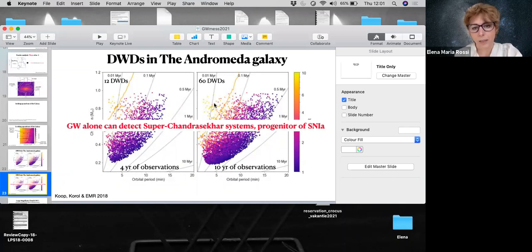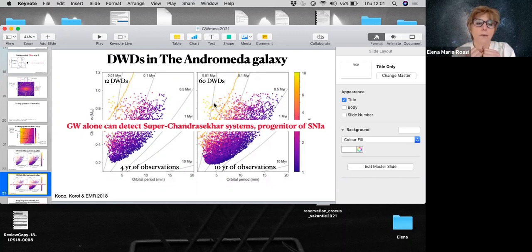In fact, the other main point of this paper is that gravitational waves may be the only means that we have to observe super-Chandrasekhar systems, because the system being very massive means they are very small for the white dwarf equation of state, and so are very, very difficult to observe in optical.